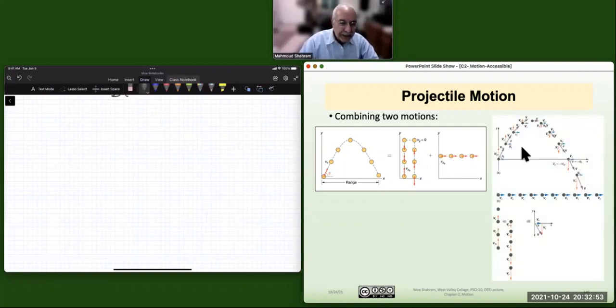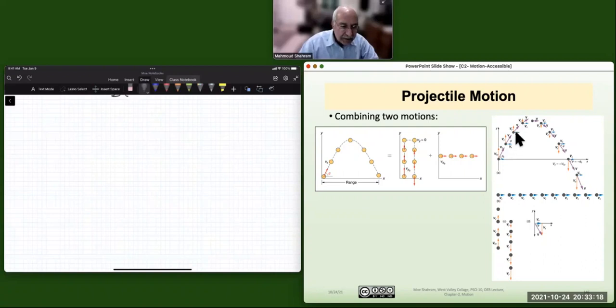And here are the actual vectors of a ball that is set in a projectile. As you can see, the velocity components start at some angle theta. The vertical velocity, the orange one, is decreasing until it reaches the top here.